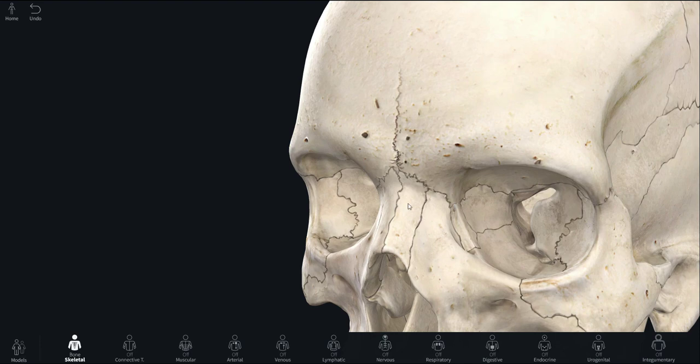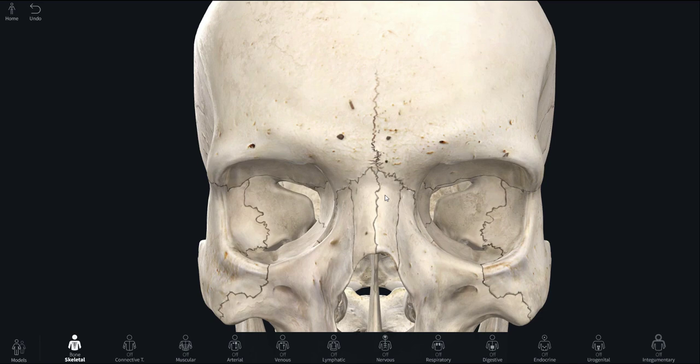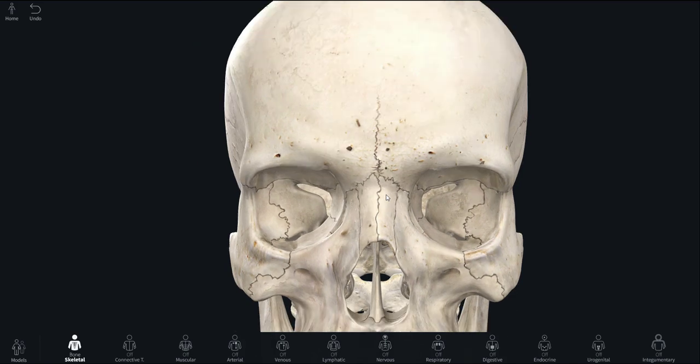Okay, so from medial to lateral, the attachments are the nasal bone, maxilla, and the lacrimal bone. Pretty easy, right? Now that we have the anatomical skull with us, let's get on with one more thing.